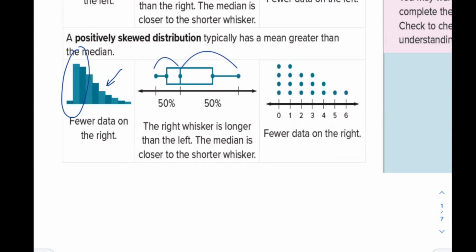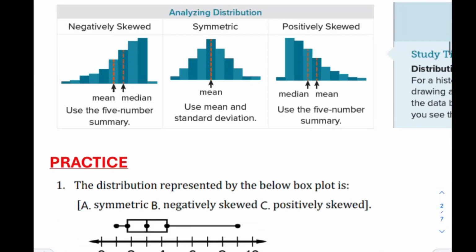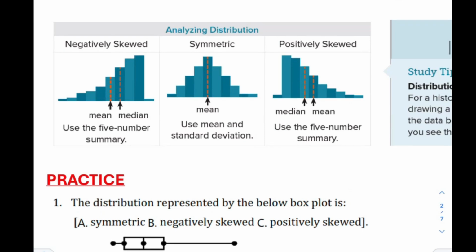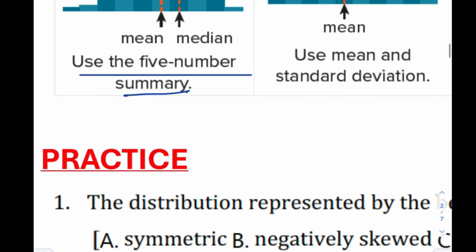What does that mean? How can we deal with that? When we analyze distribution, if the data is negatively or positively skewed, we are going to use the five-number summary, which is minimum, Q1, Q2, which is the median, Q3, and the maximum.